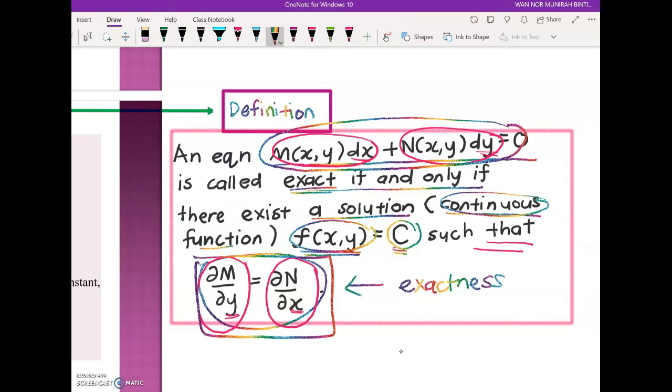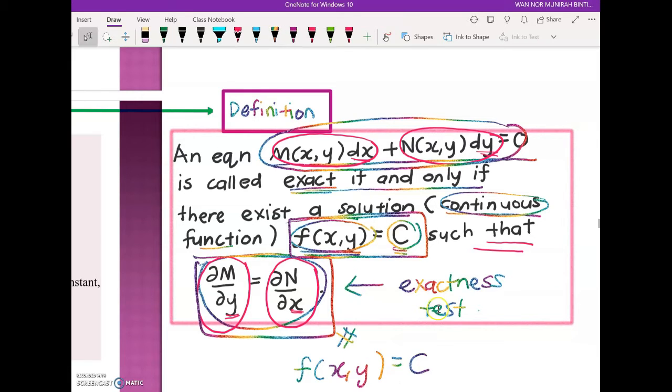Then when this exactness test is fulfilled or satisfied, the solution exists, such that the solution is in the form of a continuous function equals a constant, any constant. So that is about the exact equation. How can you say that you have an exact equation? You must test it. You must always test it.